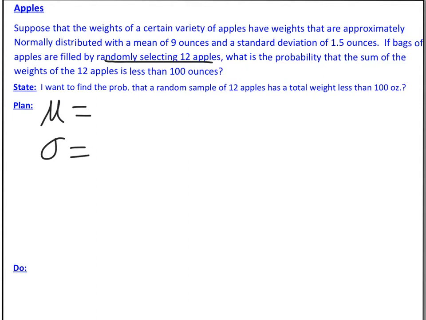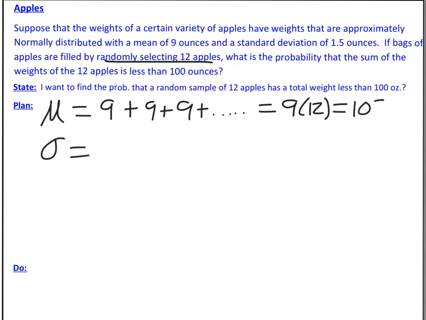Okay, so we know for one of the apples the mean is 9, and we have to add, because we're selecting from the same distribution, we have to add this mean to itself 12 times because we're going to pick 12. So there, the quick way to do it would be 9 times 12, which would give you a mean of 108. It's easy to get caught up thinking with sigma that we take 1.5 times 12. But that's not what we're going to do.